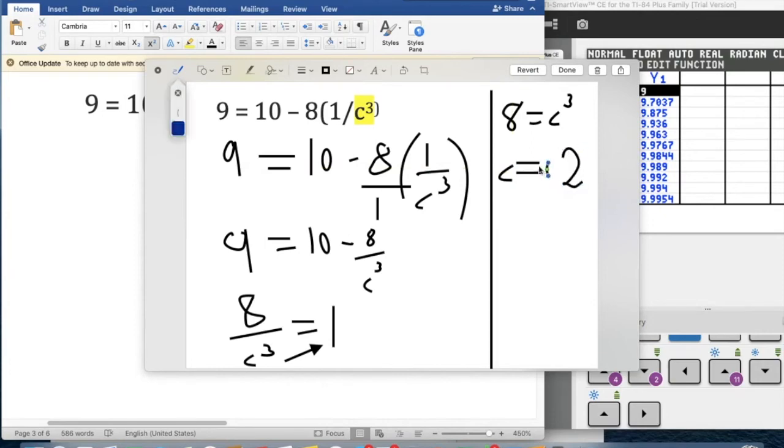Technically, you will have two answers. You'll have +2 and you will have -2. Let's have a look at the mark scheme to see if this is correct.